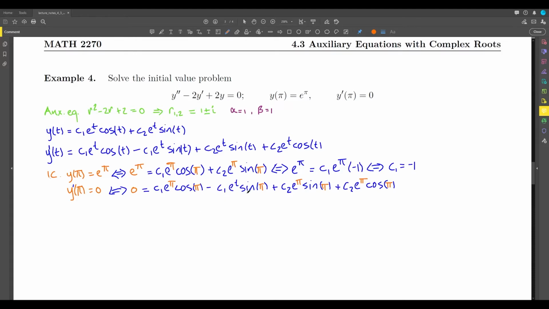Now again, sine of pi is 0. So this disappears and this disappears. Cosine of pi is negative 1.